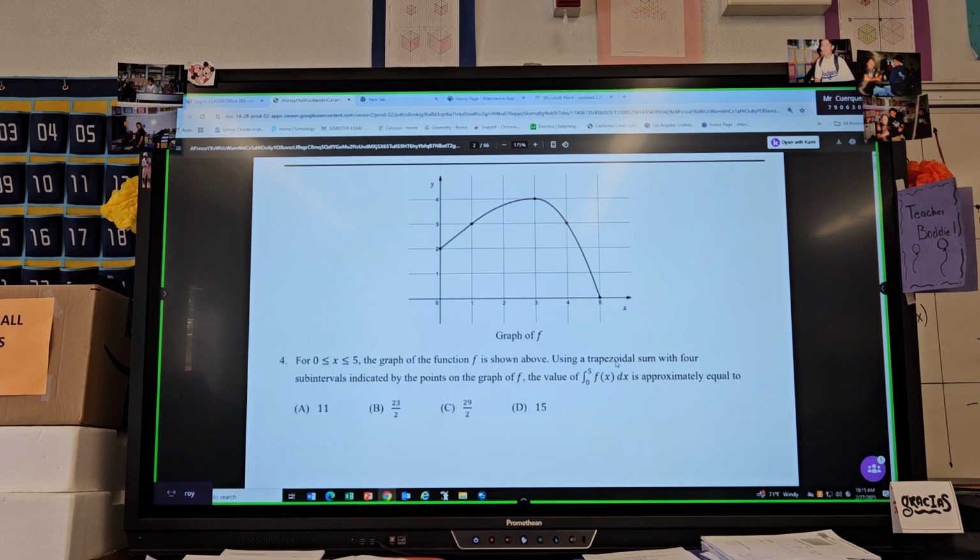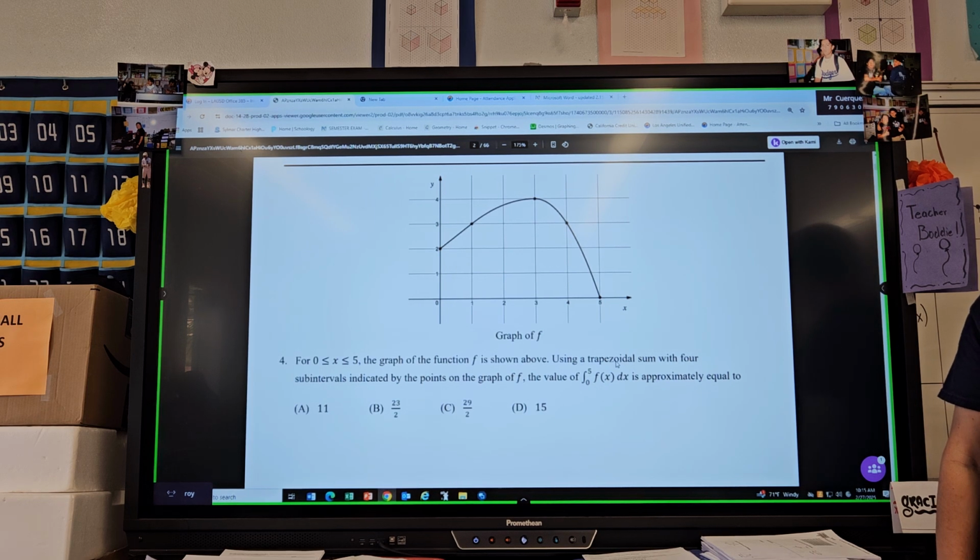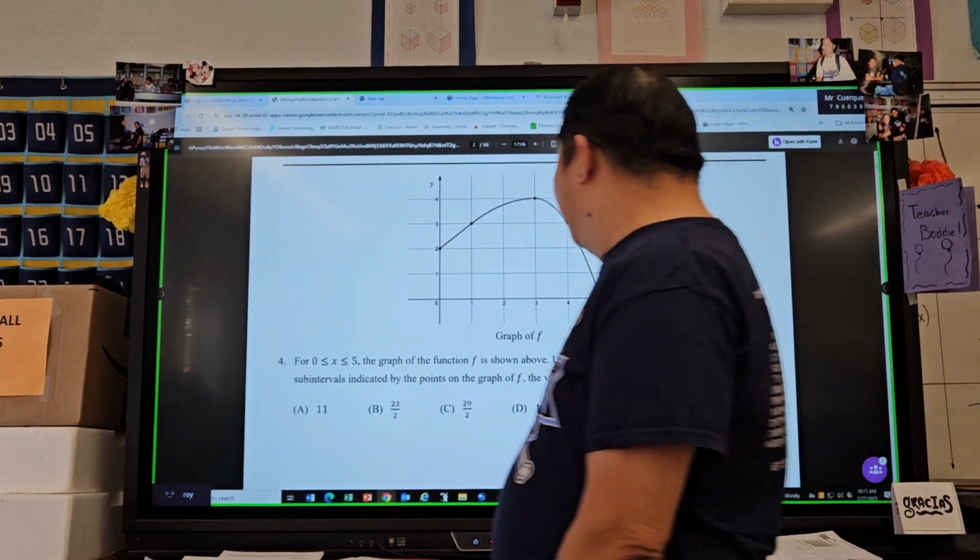Okay, Alex, can you read the problem for me, please? Number 4, x is between 0 and 5. The graph of the function f is shown.